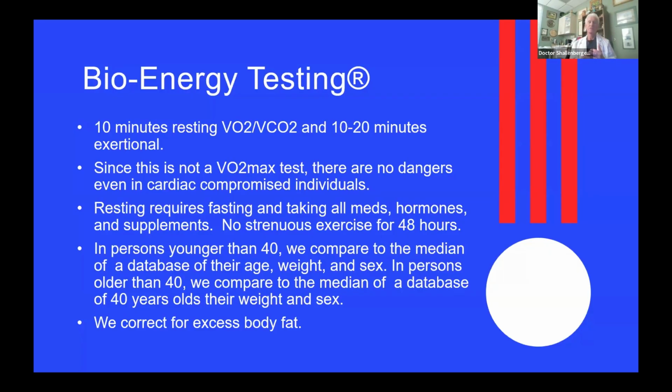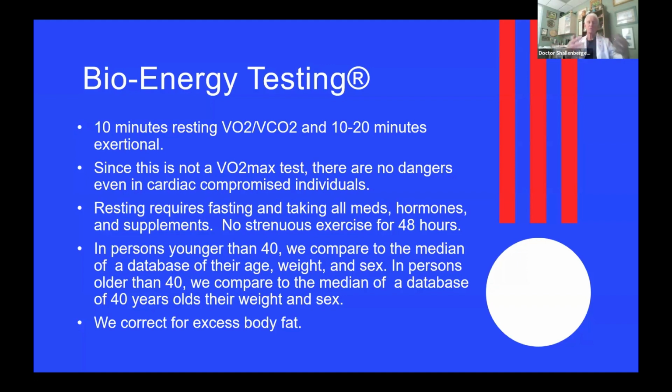Then we move to the second part of the test, the exercise part. That's the VO2 max part, where we ramp you. We make you exercise harder and harder until you level off and maximize out, and that gives us your maximum METs.